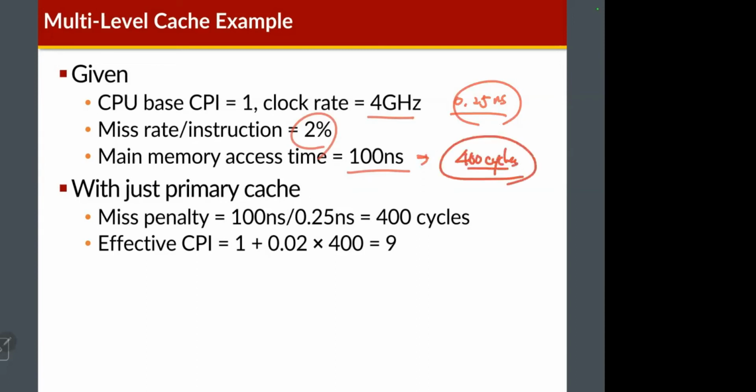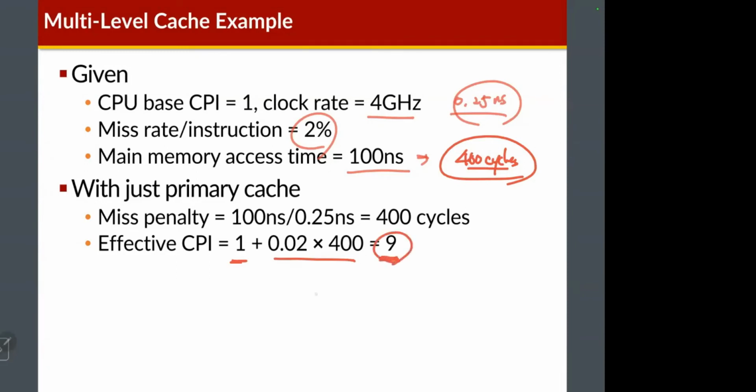And then what is the effective CPI? The effective CPI is the ideal CPI plus the increased CPI by cache misses. So the effective CPI is 9.